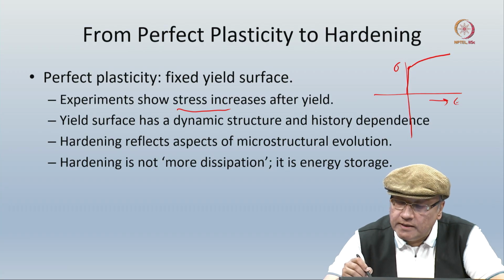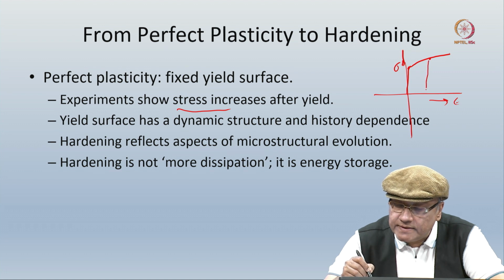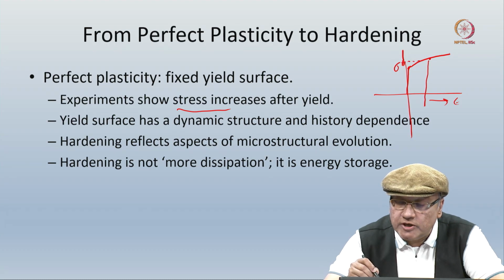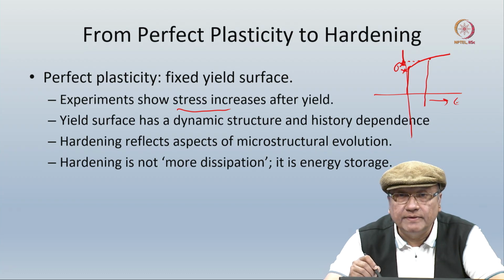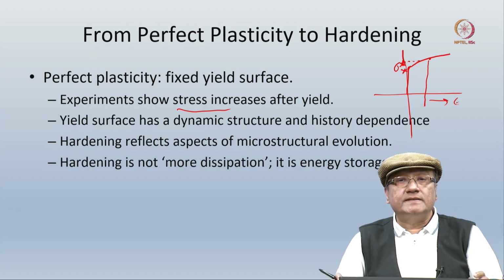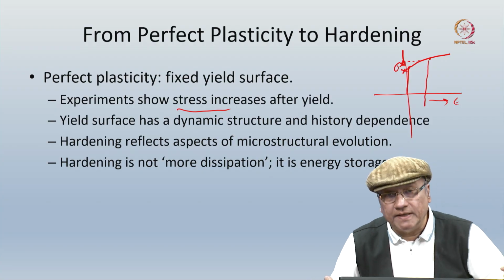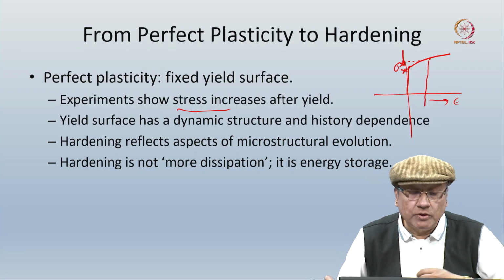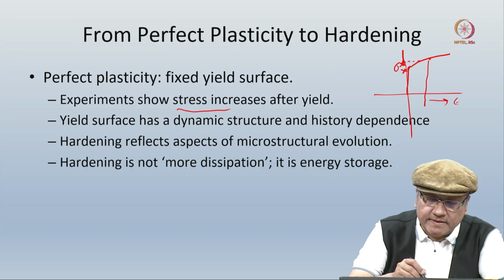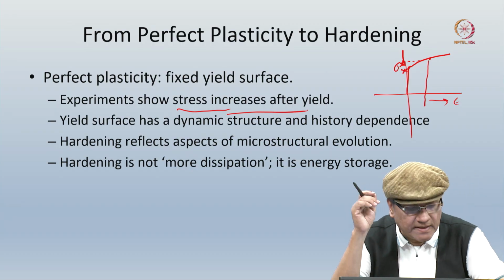Then if you unload from here, and the next time you come back, the yield point would have changed from here to here, up. You see that is part of the dynamics that we are talking of. So the yield stress typically increases after the yield.